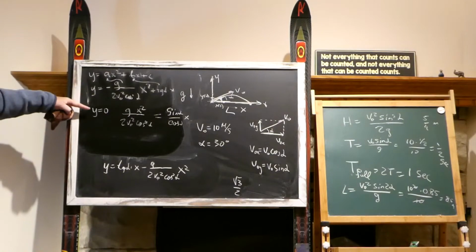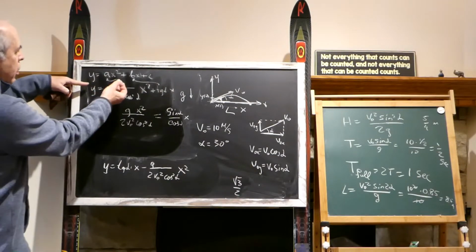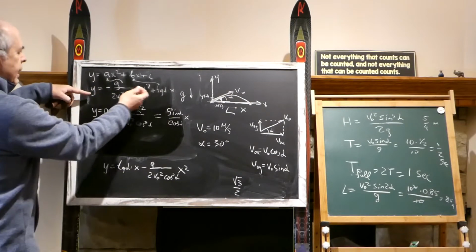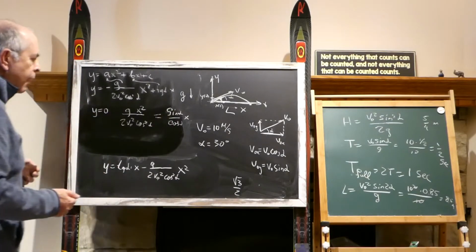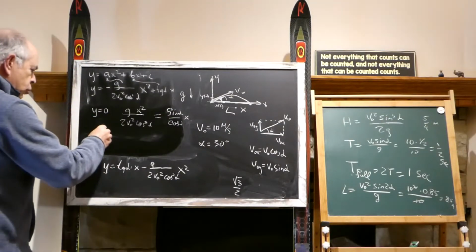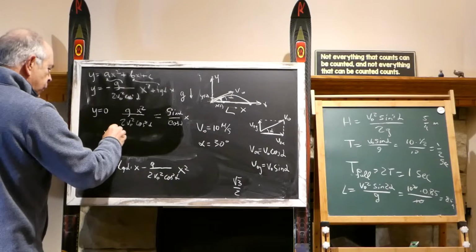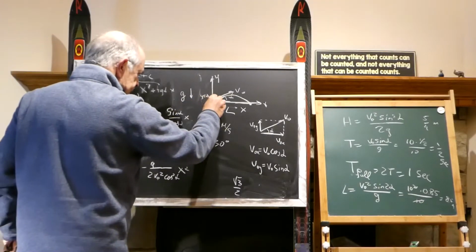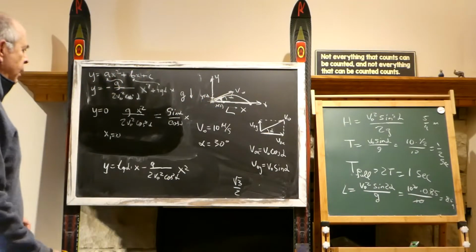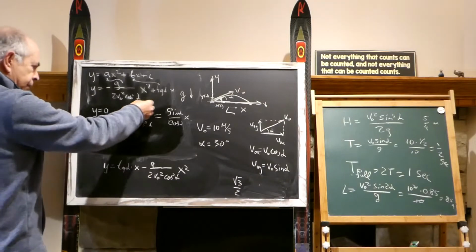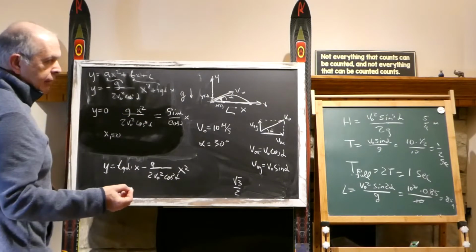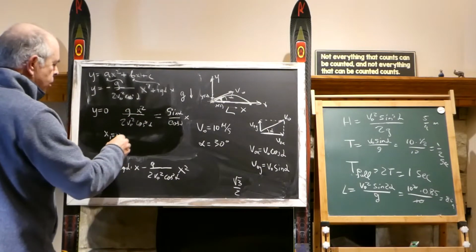This happens when y equals 0, I put 0, then I move this to this side, and I am left with this, there are no numbers. And of course I have two solutions. One solution, x1 equals 0, and it describes this point. And of course, I can divide by x if x does not equal 0.